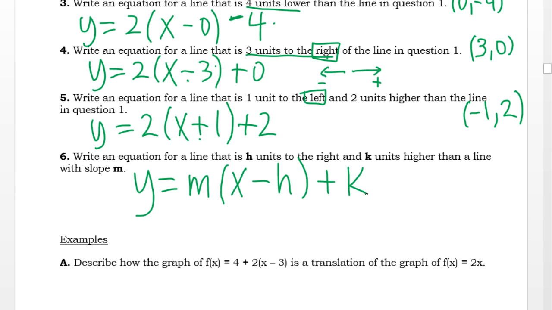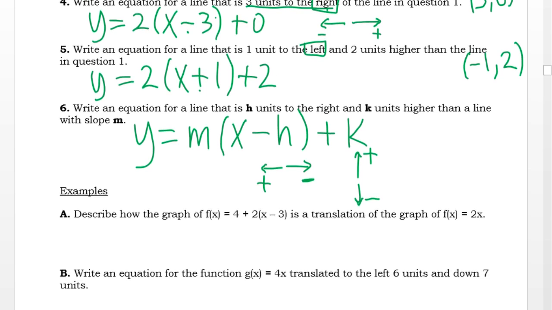So this is going to move my graph left and right, whatever number I put where the h is. If I leave that sign a minus, it will move the whole graph to the right. If I adjust that sign to a plus, it'll move the whole graph to the left. And then whatever value I put in with k is going to affect whether my graph moves up and down. Plus will move the whole graph up, switching it to a minus will move the whole graph down.